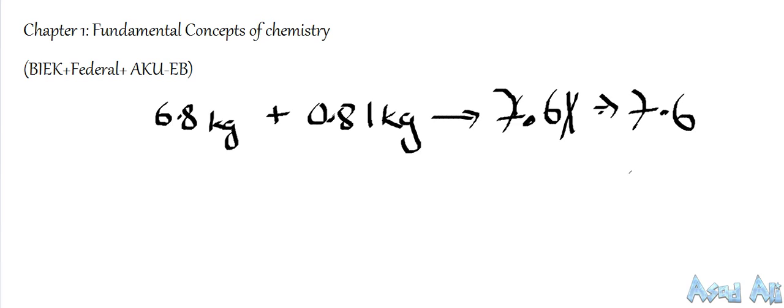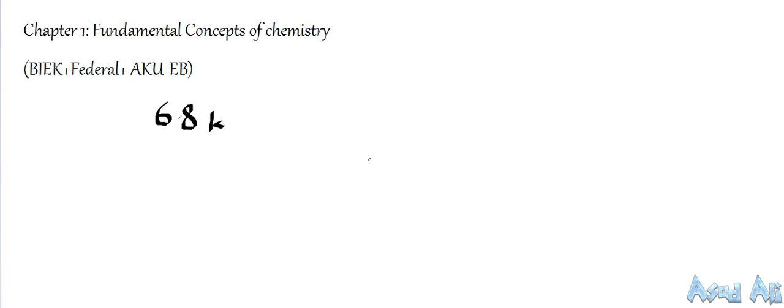Now, if we multiply, what will happen? From the multiplication point of view, we will not go with the number of significant figures after the decimal. Suppose a similar thing in kg, 0.8 kg multiplied by 0.81.